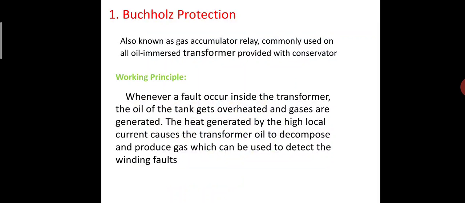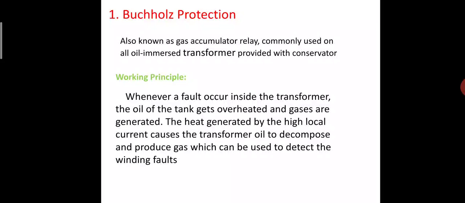Whenever a fault takes place in a transformer, the oil in the tank gets overheated and gases are formed. When a minor or incipient fault occurs in the transformer, it generates small bubbles of gas.